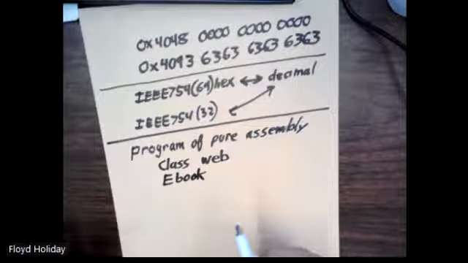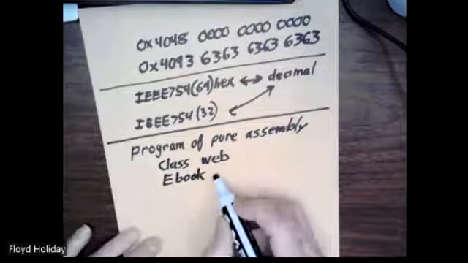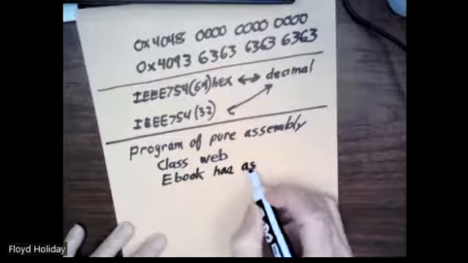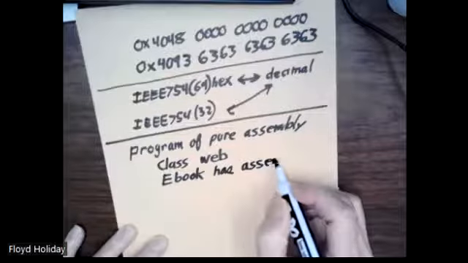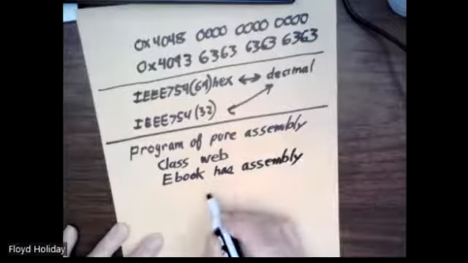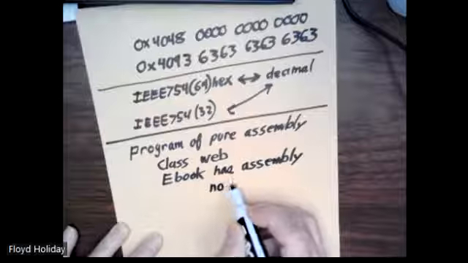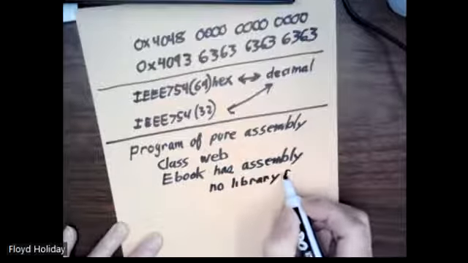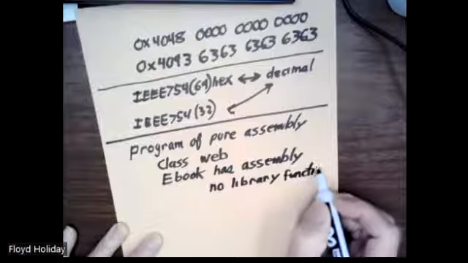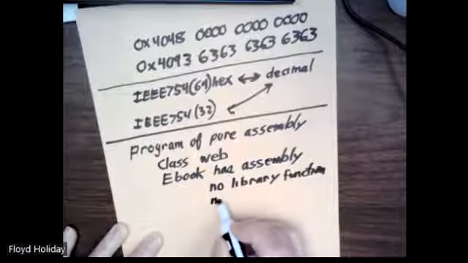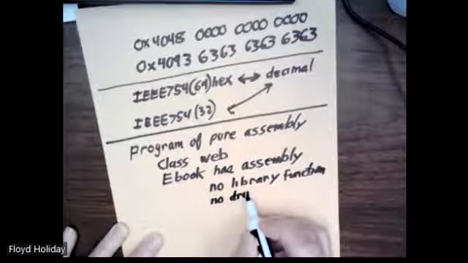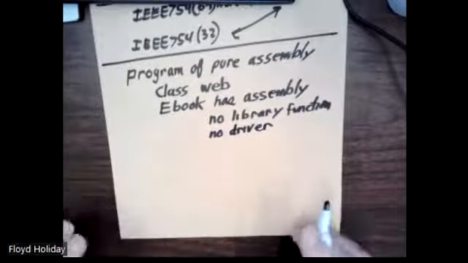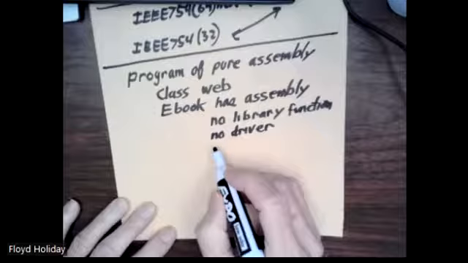I think he just calls them assembly programs, assembly with no library functions. And of course, that means no driver. And the word main doesn't exist there. So there has to be a substitute word for main.